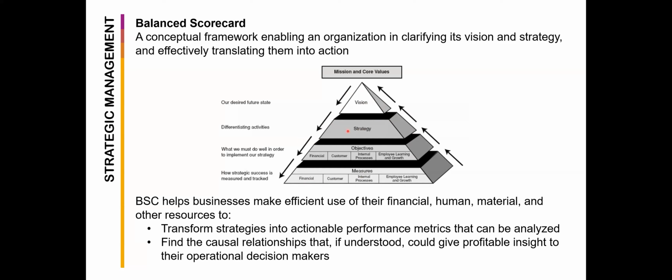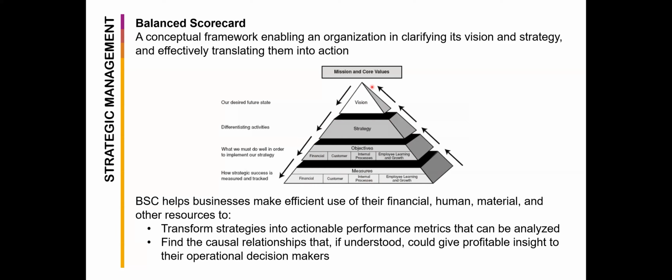Now each strategy will have its own objectives, in terms of what needs to be attained. Okay, and we bring it down into measures on how much we need to attain in order to say that we are successful in achieving the objectives.